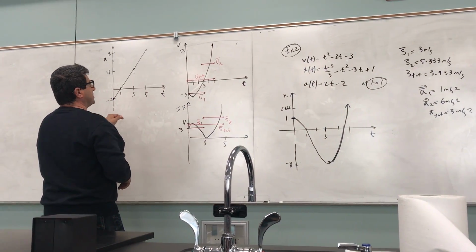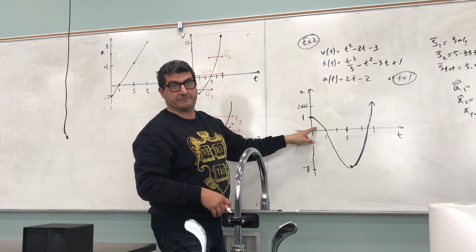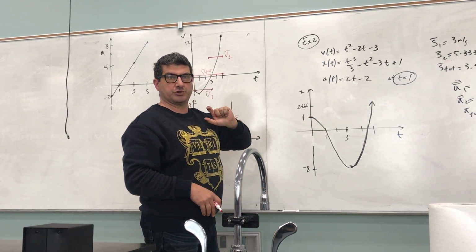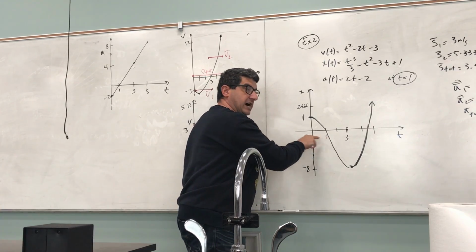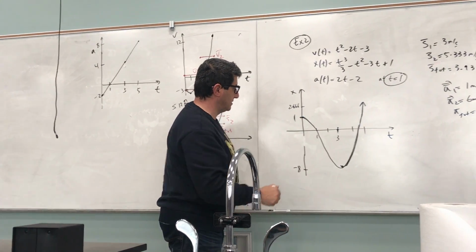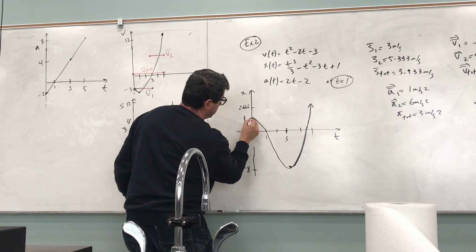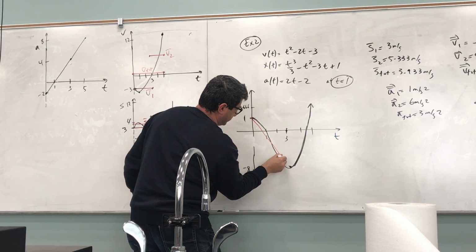Now we're gonna do the meaning of the average V's on the X graph. Okay, so on the X graph, how do we show the average V? Not by doing heights, but by connecting the beginning and the end point, right? So the first stage from 0 to 3, connect it with a secant line.